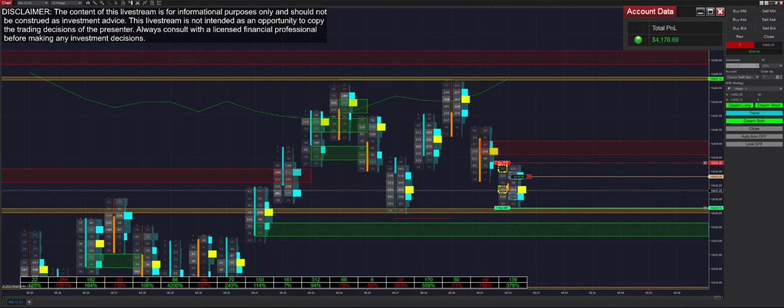We got put into a short trade actually. Just almost touching our, wow, that was super close to touching, filling us on that part.